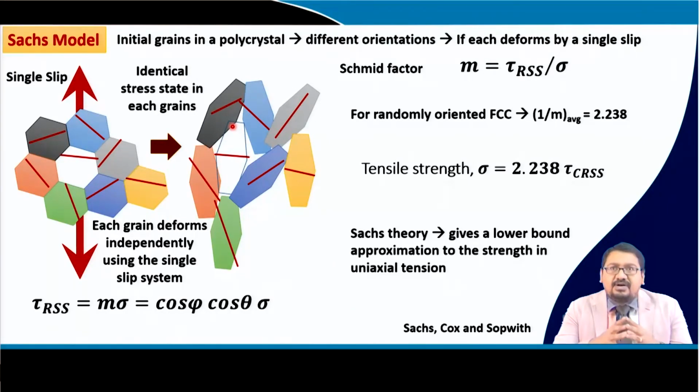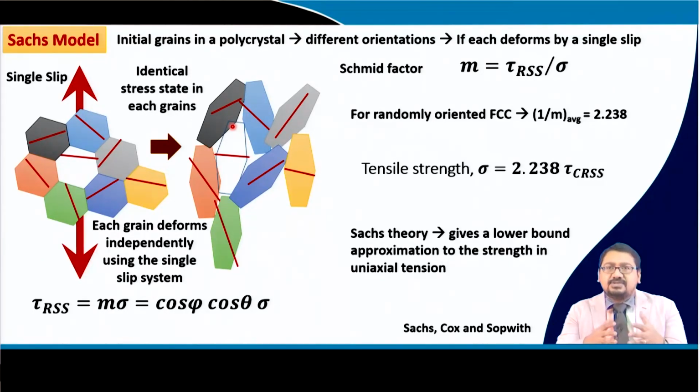In case of a randomly oriented face centered cubic material, it was observed that 1 by m average, that is the inverse of the average of the Schmid factor, comes out to be 2.238. Thereby, we can calculate the tensile strength of the material by relating the tau RSS of the slip systems, which are considered the same for all the slip systems.